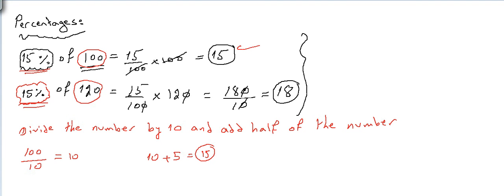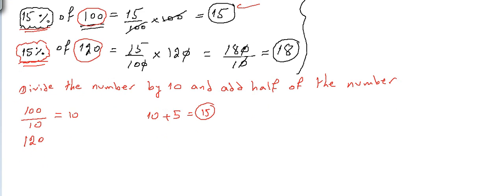Since we are finding 15% of 120, we divide 120 by 10 and end up with 12. And what is the half of 12? It's 6. So the answer is 12 plus 6, which is 18. Same answer.